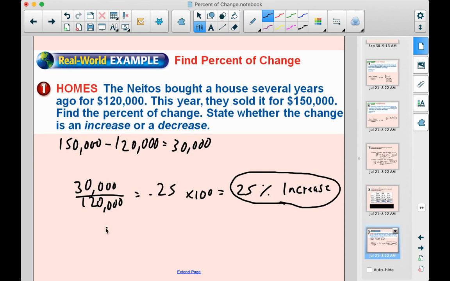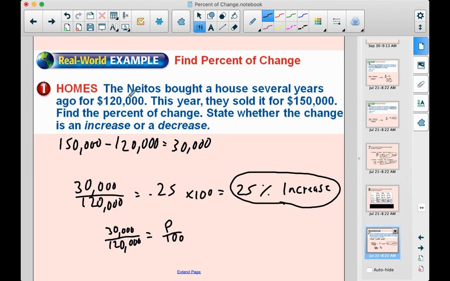So in this case, 30,000 would be the part, and the thing we're finding a percent of is the original amount. Percent I don't know, over 100. Hopefully you can see from this why our formula works. The change divided by the original times 100 gives you the percent.